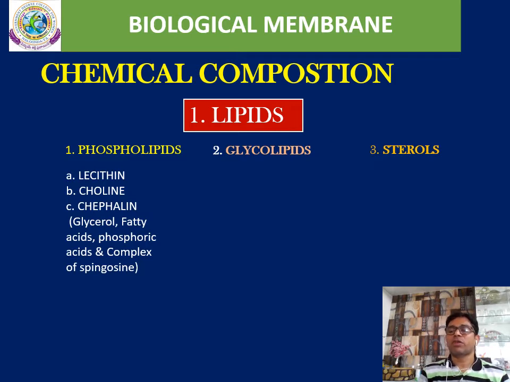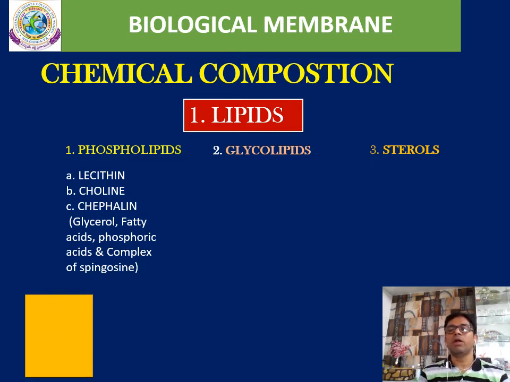When you see the structure of a phospholipid molecule, it looks like this. Each phospholipid molecule has two parts: one is the head and the other is the tail. Here in the picture, this is the head portion and this is the tail portion.